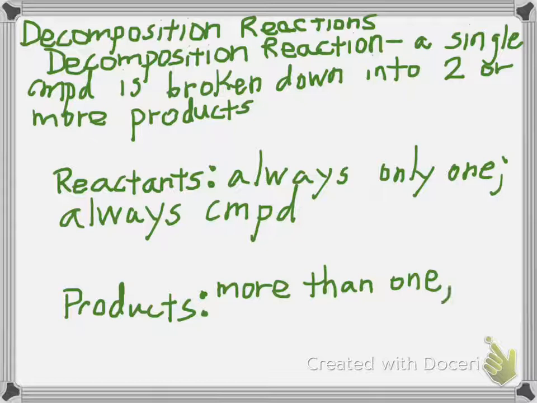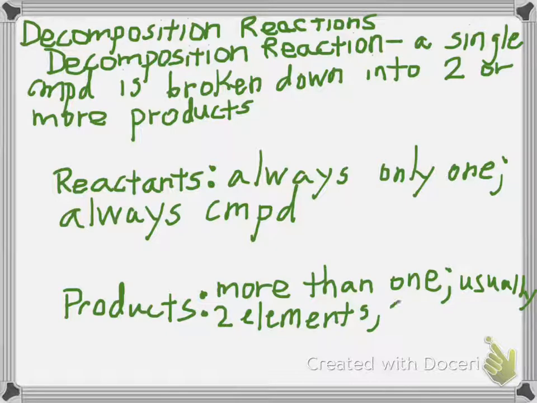For our products, it's going to be more than one. Usually two elements. Okay. But it doesn't have to be 2 elements, okay? It could be 2 compounds if it was a particularly big compound to begin with.